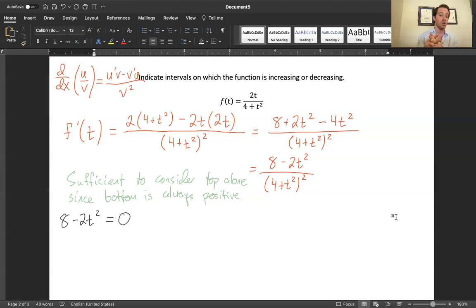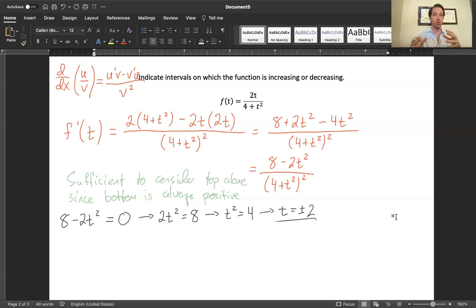But it all starts with saying when is it equal to 0. This is a nice, easy equation. We're going to end up getting 2t squared equals 8. t squared equals 4. And oh, look, isn't that just so nice when it turns out all nice and neat like that? So t is equal to positive and negative 2.